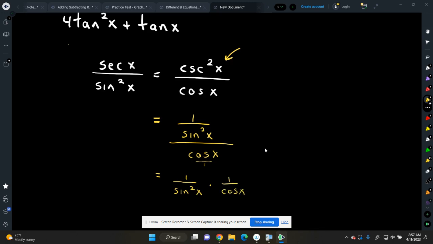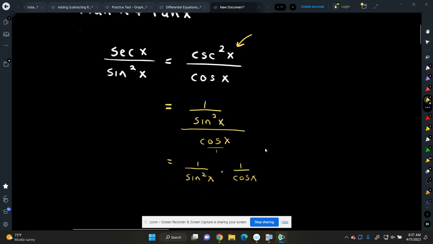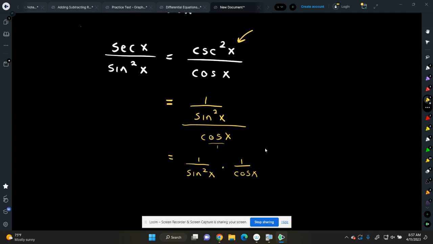So the whole time I'm doing this, I'm looking at the other side. Looking at the other side, I already have a sine squared in the denominator, which is really good because I have a sine squared in the denominator here. So now looking at the other side, I'm going to rewrite that secant as 1 over cosine.